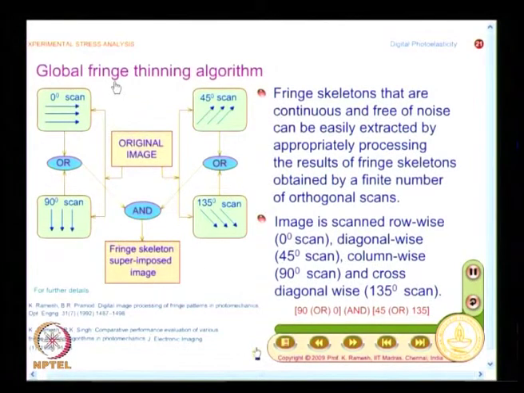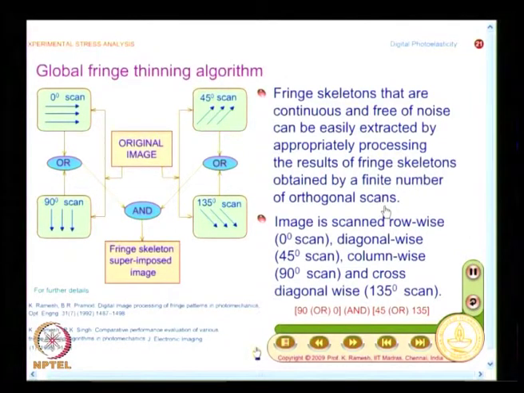This is of a different approach, and the focus is on fringe skeletons that are continuous and free of noise, that could be easily extracted by appropriately processing the results of fringe skeletons obtained by a finite number of scans. That is very important.